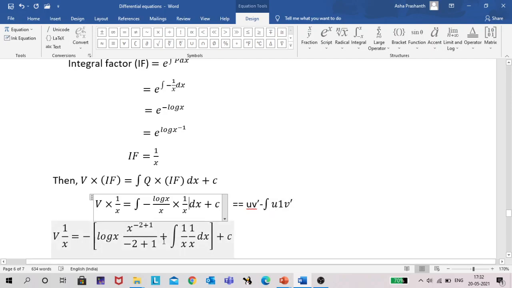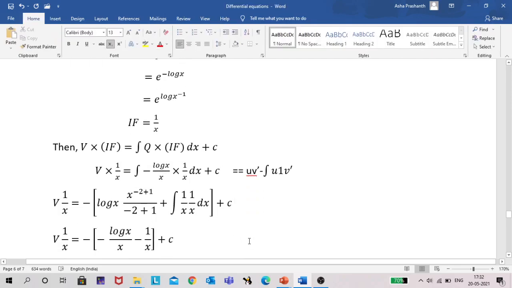In the formula we have minus, and minus of minus becomes plus 1 over x. If you simplify this we will get minus 1 by x. Log x differentiation is 1 by x, plus some integral constant.